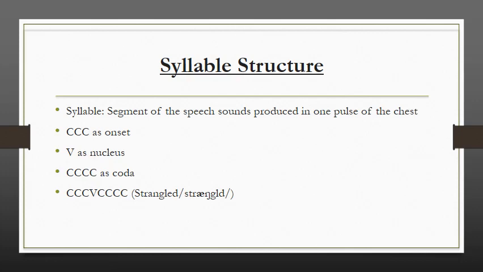The vowel holds the position of the nucleus, without which a syllable is not possible to exist. The next part of the syllable is the coda, which could have a maximum of four consonants in it.